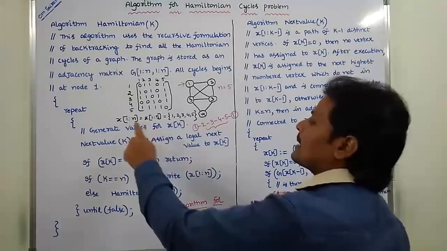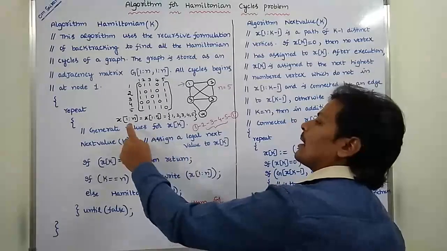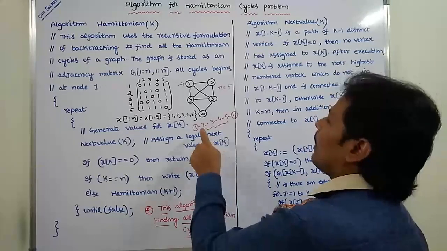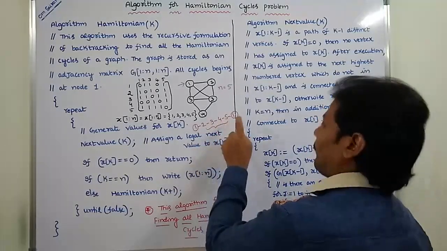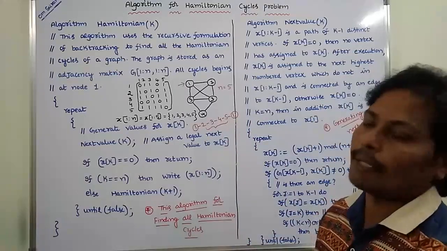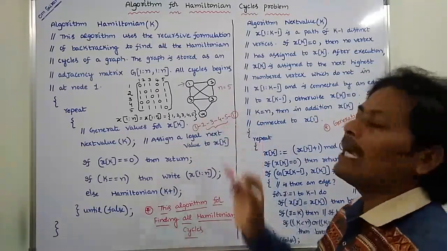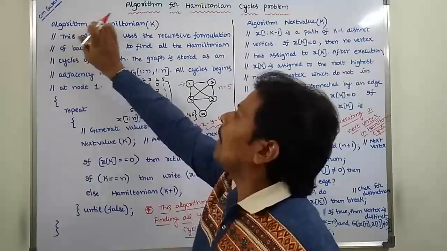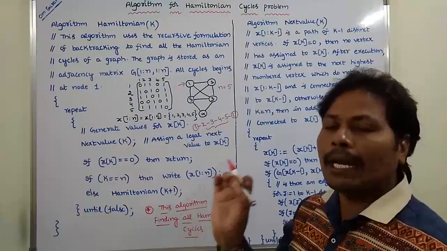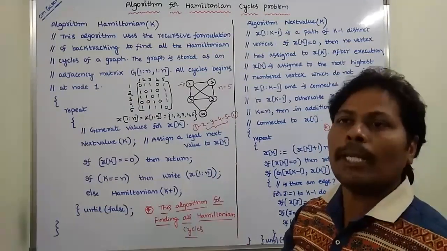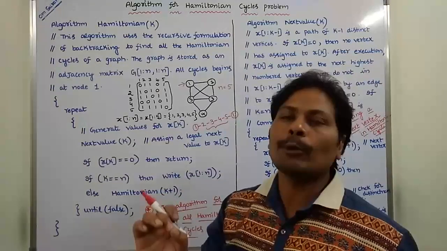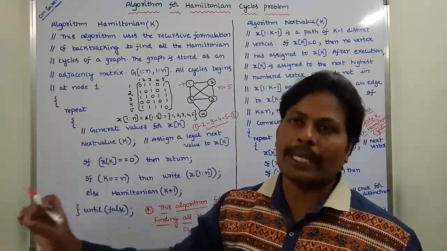So this is the solution vector: x of 1 to n, which is x of 1 to 5, that is 1, 2, 3, 4, 5. After 5, it is connected to the starting vertex. So this is the Hamiltonian cycle. In the algorithm Hamiltonian of K, K is the index of the solution vector. In the solution vector, one Hamiltonian cycle is present.